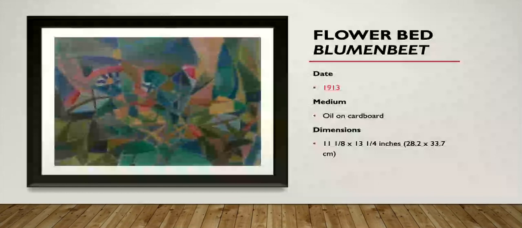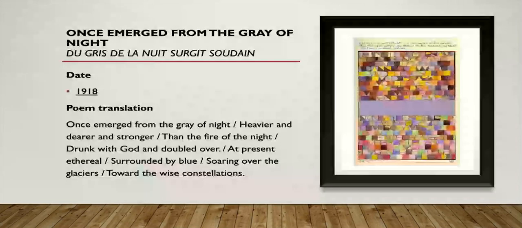Another of his works is a work of art that we pulled our first project from, and it's called Once Emerged from the Gray of Night. This was done in 1918, and it consists of letters and the use of many colors and a very geometric form.